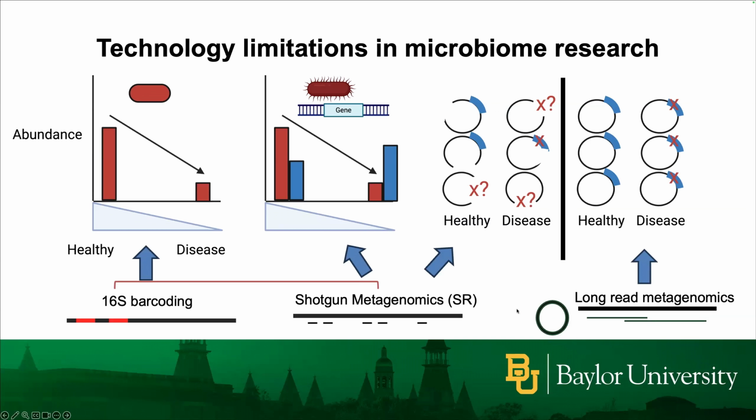Shotgun metagenomics, primarily with short reads, allows you to get a little bit more information, such as the gene content. But again, you're restricted to looking at genes that go up or down in the system. With short reads, several new approaches have also been trying to assemble the genome. If you assemble the genomes, then you can look at the gene content within a given species or genera.